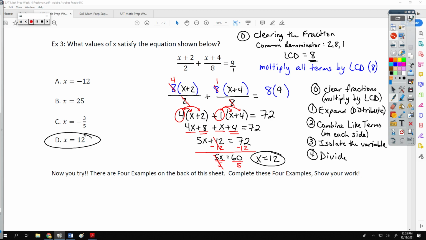The new part here, the part that you do not have experience with, is clearing the fraction. And that all comes down to recognizing the least common denominator of all three fractions.